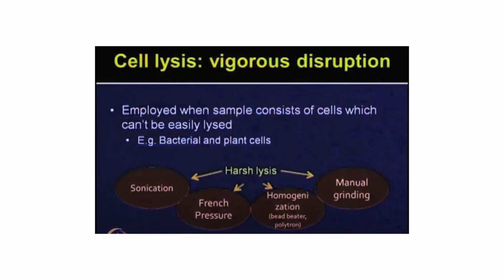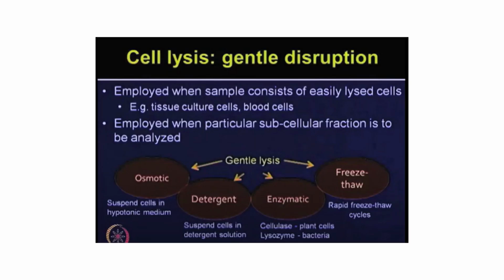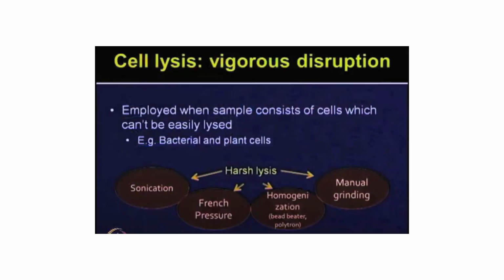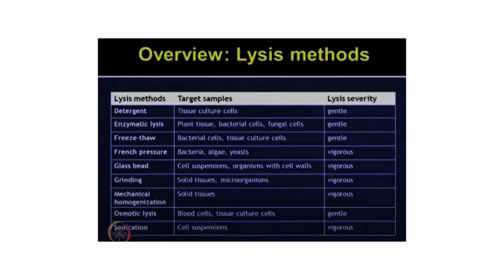That's gentle lysis. There are mechanical or physical lysis methods as well, such as sonication, manual grinding, French press, homogenization, etc. These are harsh methods, required for samples which have a cell wall or a much thicker cell membrane, which is very difficult to lyse by gentle lysis. Then you need to use these methods for completely lysing the cell.